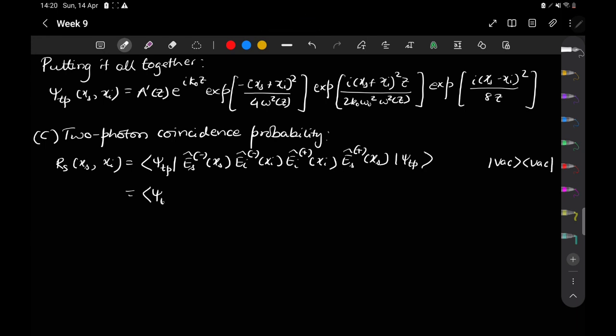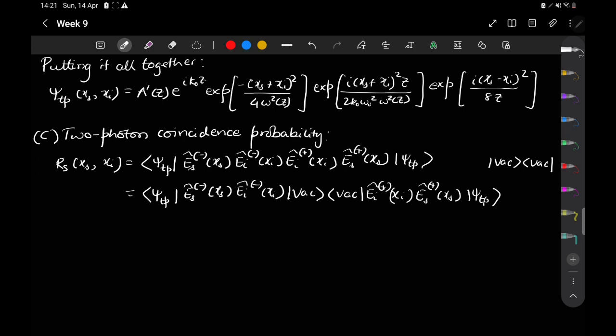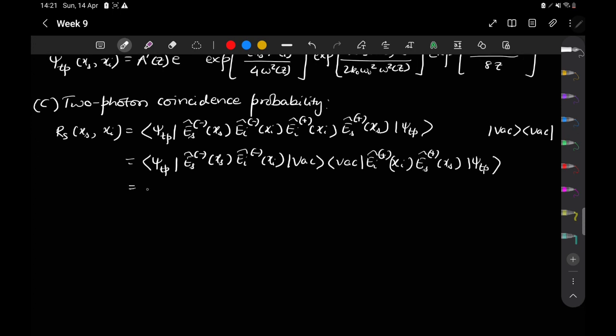We will introduce this. So this is nothing but the psi TP dagger, and this is psi TP.